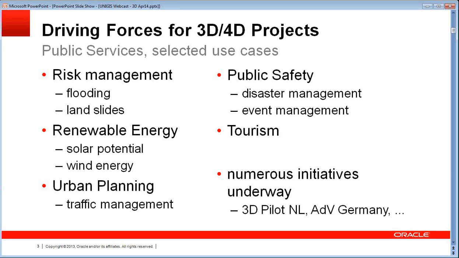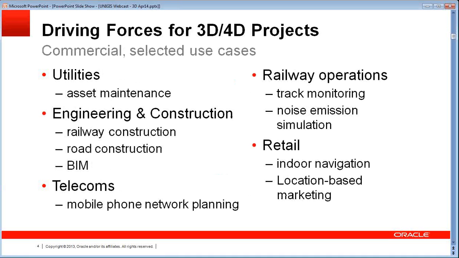There are lots of city-wide applications in urban planning, be it traffic management or all sorts of other planning activities, and there are large-scale initiatives underway in various countries, sometimes on a national scale, if you look at Poland or the Netherlands, or sometimes on smaller scales. But also in the commercial area, there are a lot of new use cases coming up.